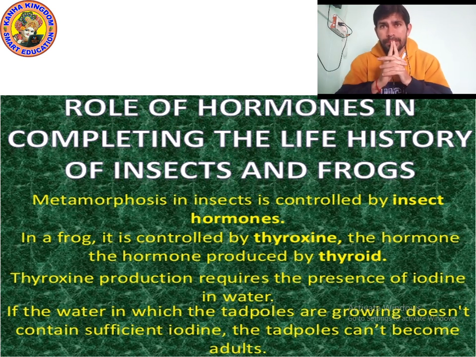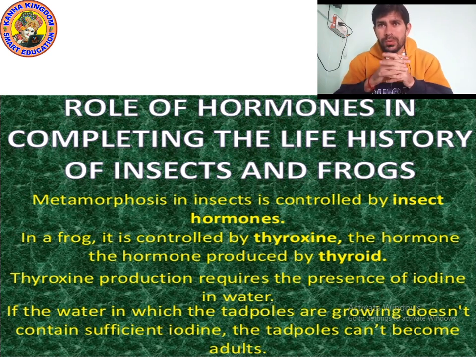The metamorphosis process is controlled by hormones in insects, and in frogs the metamorphosis process is controlled by the thyroxine hormone.